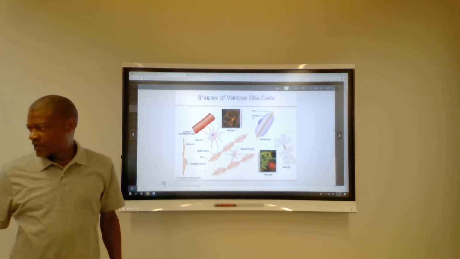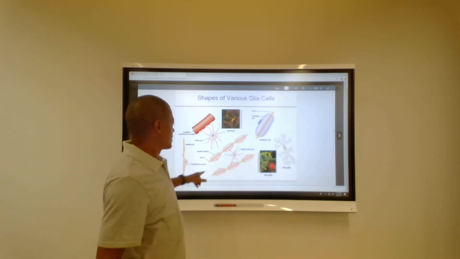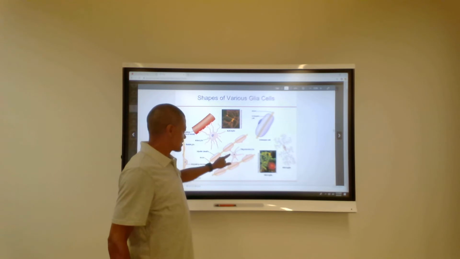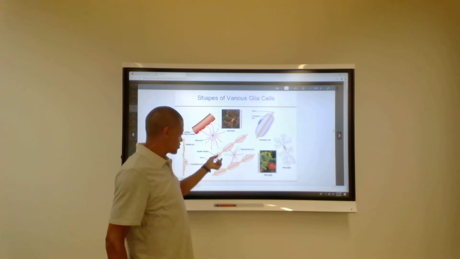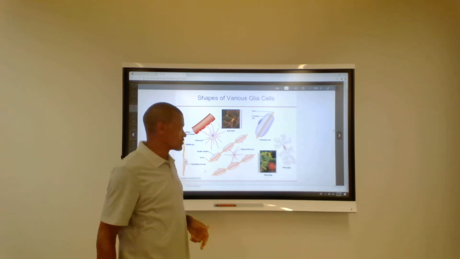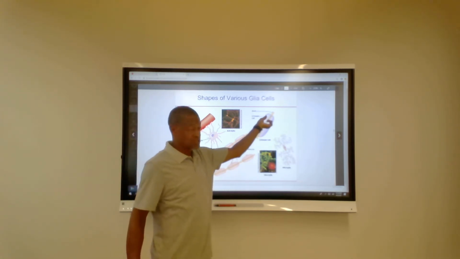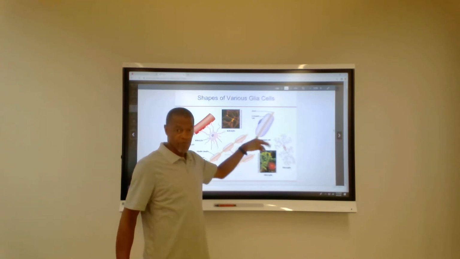And then, as we looked at the shapes of the neurons, we looked at the shapes of glial cells. So oligodendrocytes, again, they're pink right here just to show that they're showing the covering around the central nervous system. Schwann cell right here is purple, is showing it's the covering around the peripheral nervous system.